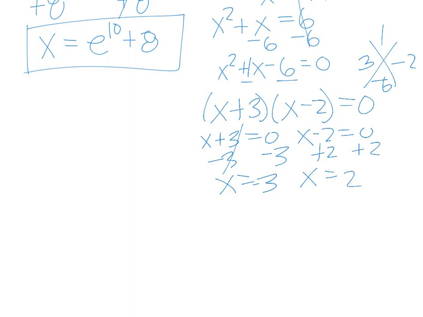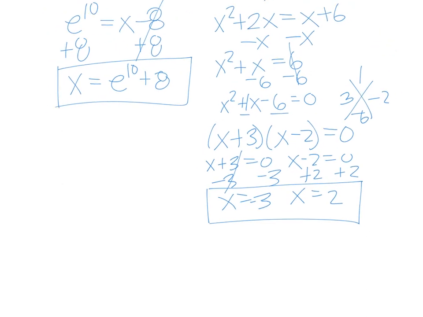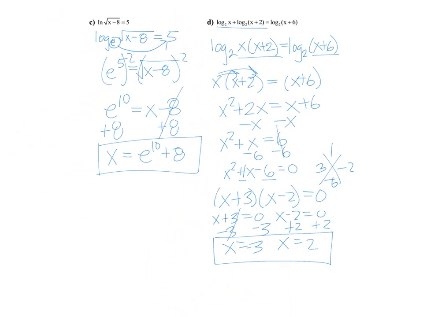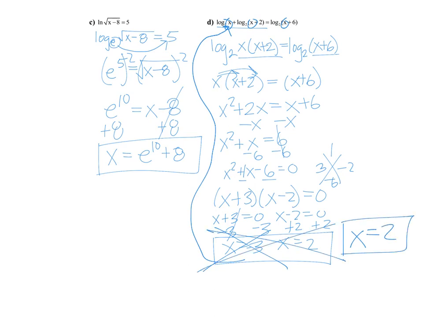Now typically students will box these answers. But actually one of these is extraneous. And why is that? Because whenever you're working with a logarithmic equation, make sure to check your answers. If I take this negative and I plug it in here, I'm taking the log of a negative number, and you can't do that, so that can't be an answer. But if I plug in just 2 into all these, it'll work out to be just fine. So x equals 2 is your answer, not both of these combined, just 2.